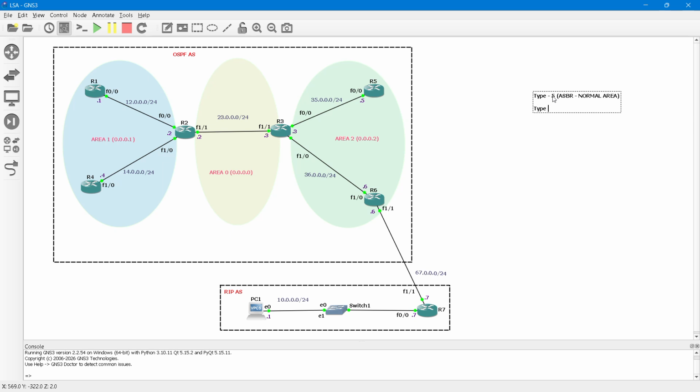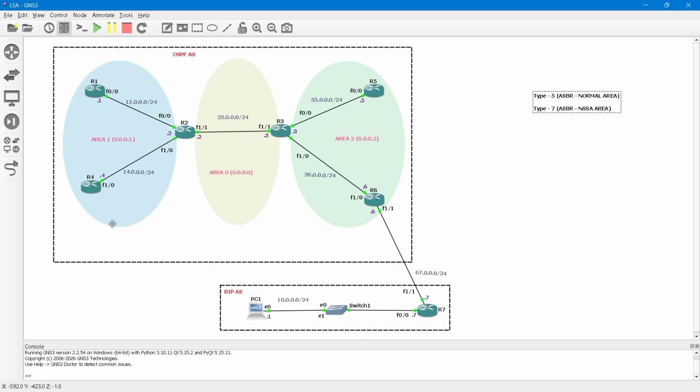Now, when we talk about the type 7 LSA, who generates it? That is also generated by our ASBR, but in a special case where it is under an NSSA area, that is, not so stubby area. So this is my R4.